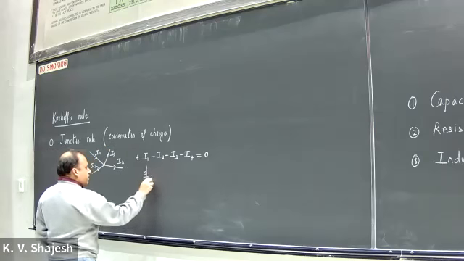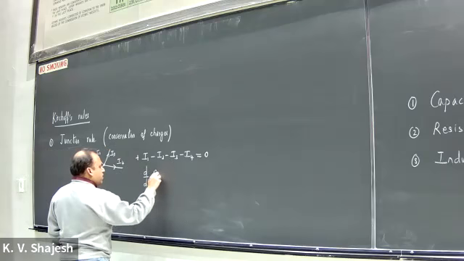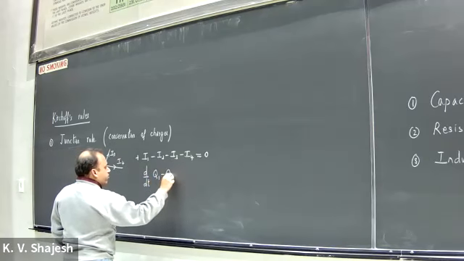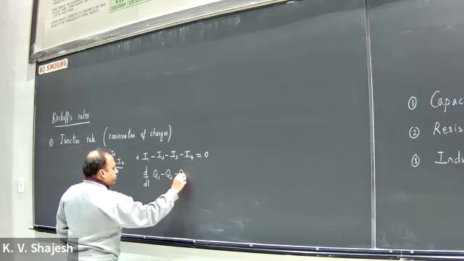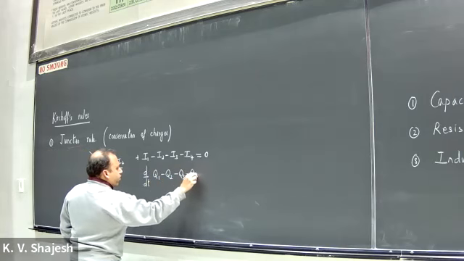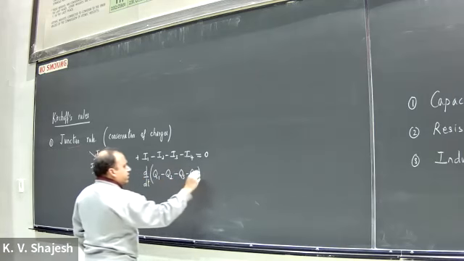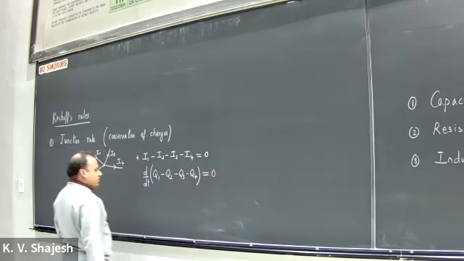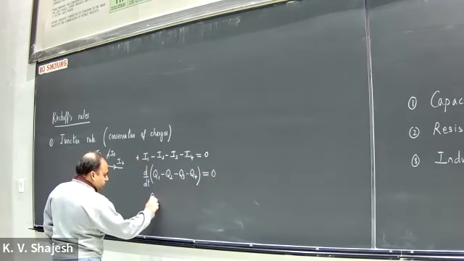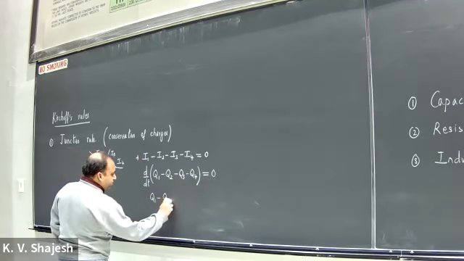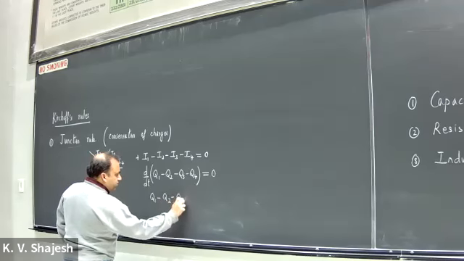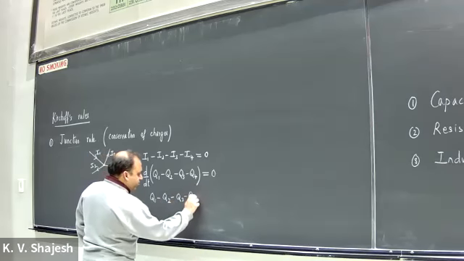So it's the time derivative of Q1 minus Q2 minus Q3 minus Q4, which means that the total charge is constant. In that sense, it's conserved. Conserved means it doesn't change.